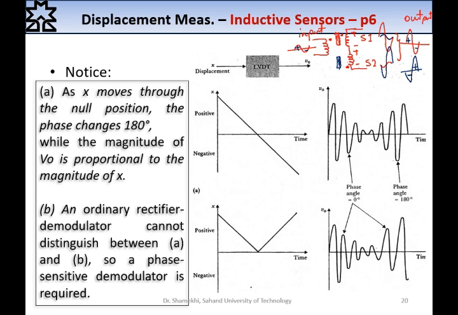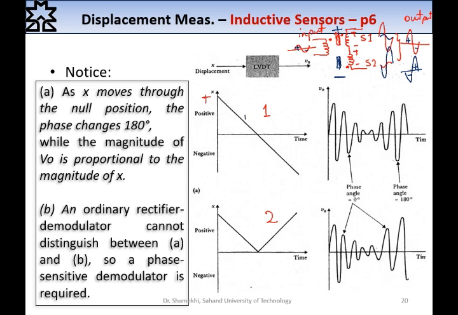Based on this description, you can see we have these two situations, situation 1 and situation 2. Situation 1 is a specific form of displacement from positive position. Positive position means here, negative means here, moving the core from up to bottom.